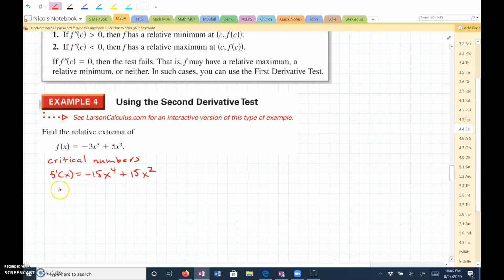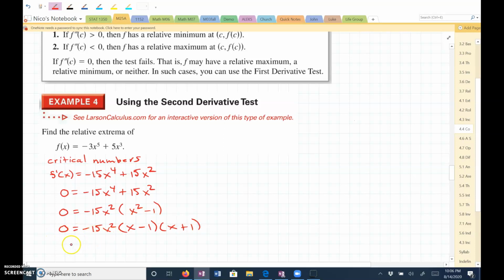Then to find the critical numbers, we set it equal to 0 and find the x values that would make this true. I can factor out negative 15x squared, leaving me with x squared minus 1. So this would equal negative 15x squared, difference of squares, x minus 1, x plus 1. So when x is 0, or when x is 1, or when x is negative 1, this would equal 0.